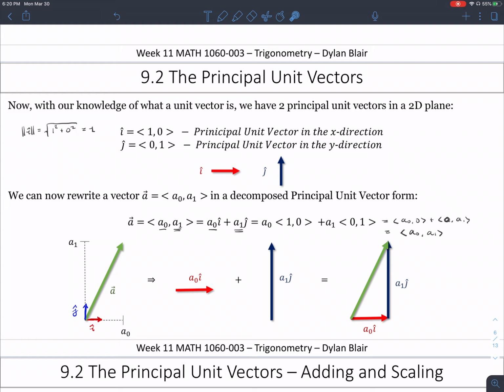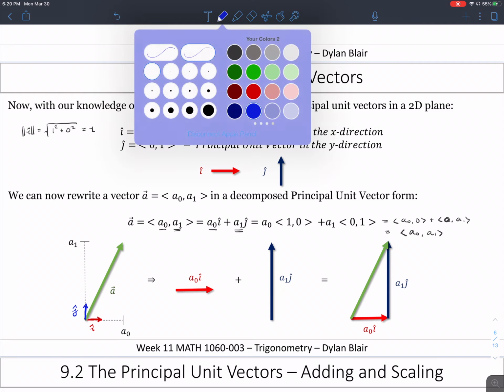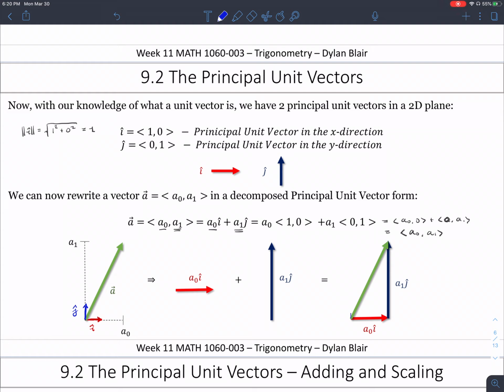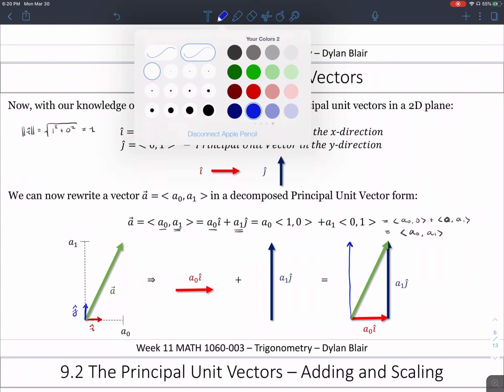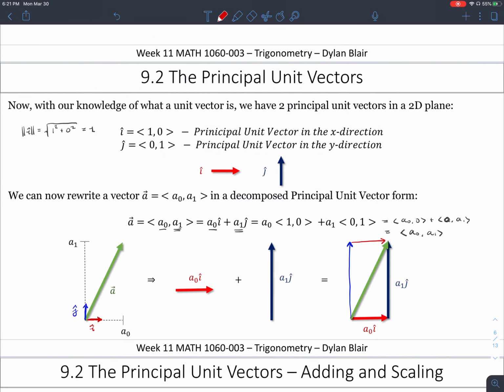Then when we add head to tail A naught i plus A1 j, we're going to be following along this path until we get that original vector A. Similarly, if we were to go the other way, if we wanted to do A1 j plus A naught i, we'd be going head of this vector to the tail of this vector to get the same result, and we get that nice geometrical representation that we had talked about before in the previous slides.